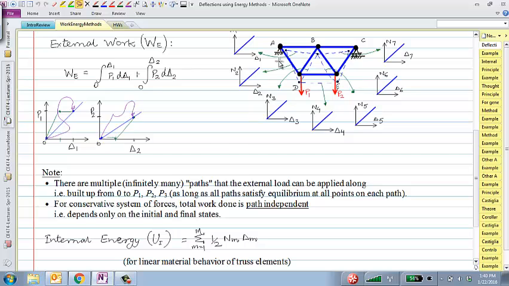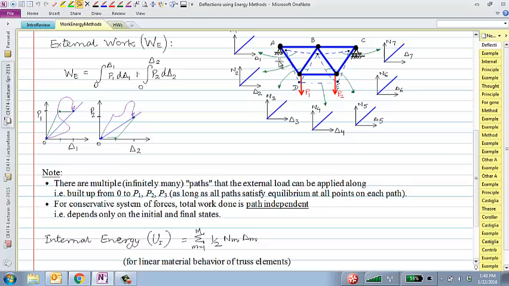stored within the truss. And this concept works for any structure that is a linear elastic and conservative system. Pick whatever structure you want, a big building, a bridge, a dam, or whatever. If you apply load on that structure, then during the process of load application, you would be doing some external work. That external work would be half times P times delta.